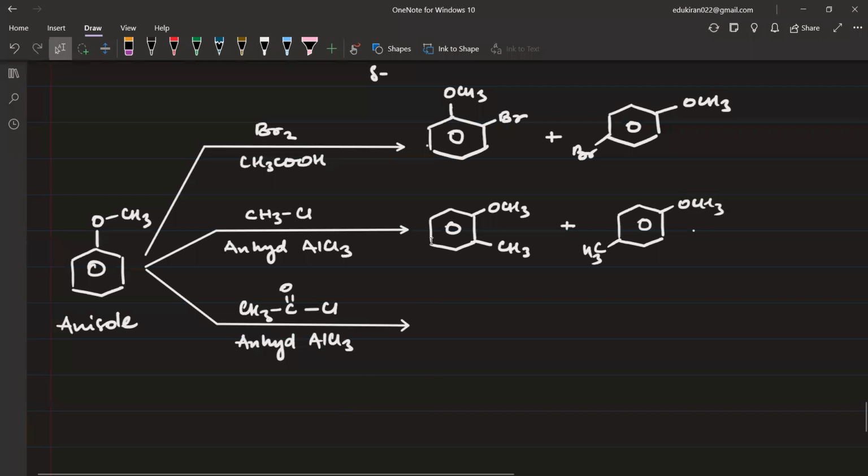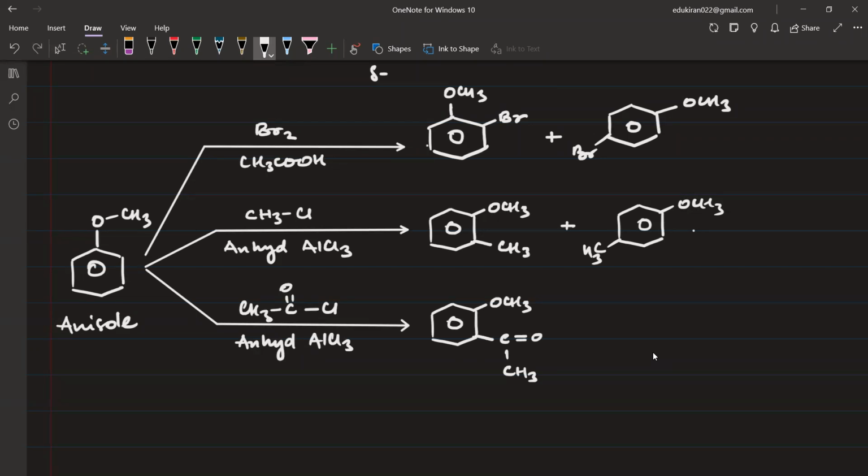Okay, so what is going to happen? This is going to give me OCH3 as it is. The Cl will go away, and we will be getting carbon double bond O, and then a CH3 group here. Ortho substituted, we have this acetyl group, and then we have para substituted acetyl group, something like this.